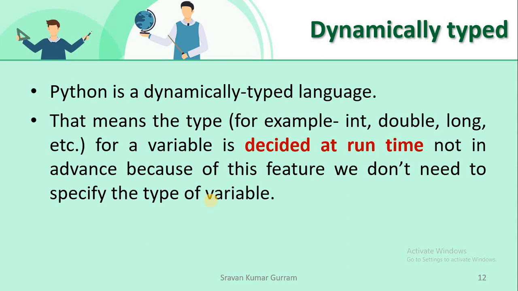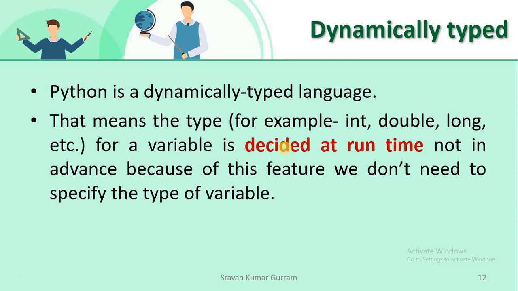The next feature is dynamically typed. This is a very important feature of Python. Python is a dynamically typed programming language. What does it mean? The data type of the variables is decided at runtime, not in advance.